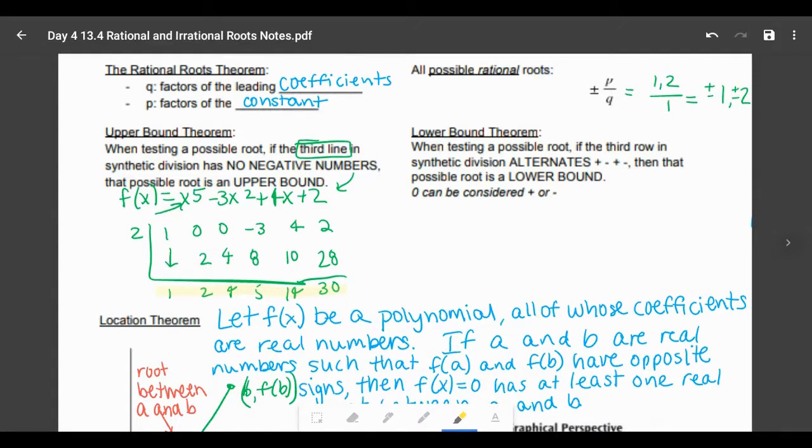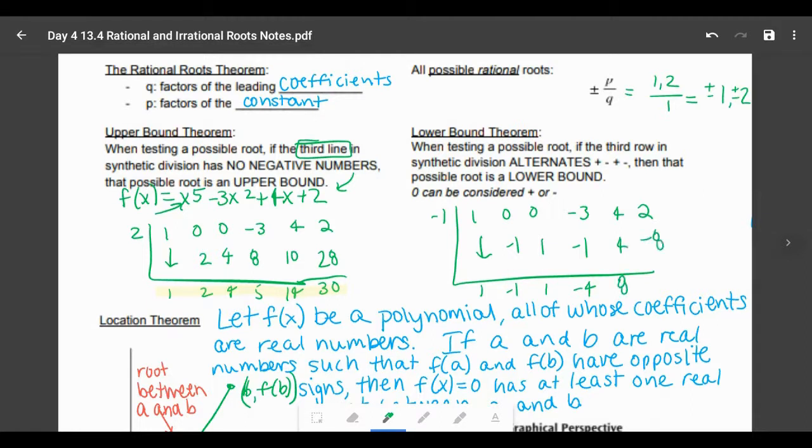If I want to test a lower boundary, I'm going to pick a lower number. So let's say negative 1. Let's test that. I'm going to quickly do my synthetic division for that. If I look at the third row underneath, do the values alternate?